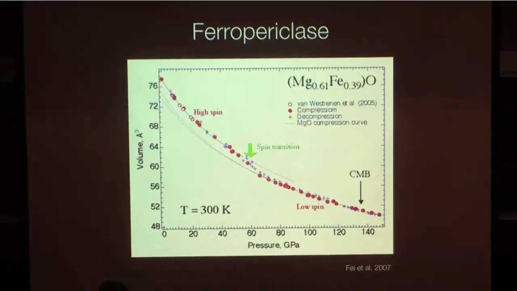The volume gap is there. Now, if you look at this interval, the volume of the iron-bearing one approaches that of the magnesium end member, which means that when iron undergoes spin transition, the ionic radius of iron becomes very similar to that of magnesium. Okay? That's why the volume, fancy word, collapses into the magnesium end member.